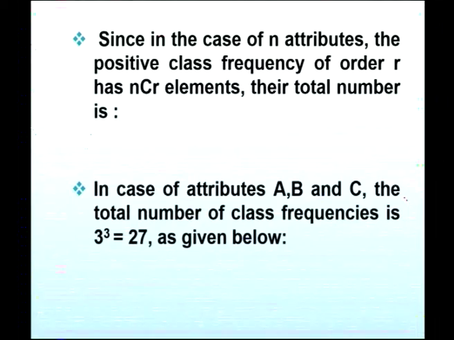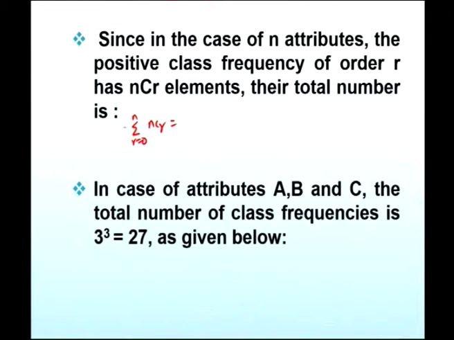Thus, in the case of n attributes, the positive class frequency of order R has NCR elements, their total number being summation R equal to 0 to n NCR. This we have to expand, because the positive class frequency of order R has only NCR elements. When we talk about the total class frequencies, then we have to talk about 2 symbols, possession and non-possession.